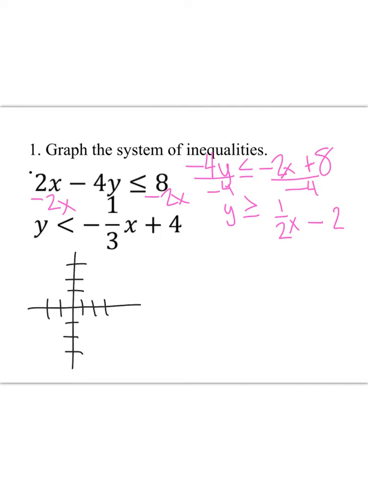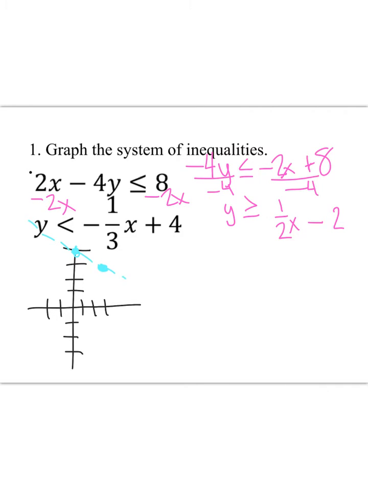So the first one, y is less than negative 1/3 x plus 4. That hits the y-intercept at 4, and it has a slope of down 1 and right 3. My line will be a dotted line because it's less than and not less than or equal to.